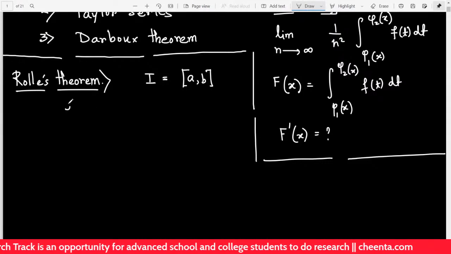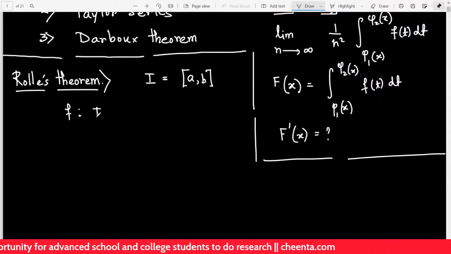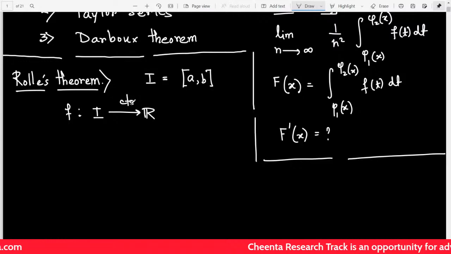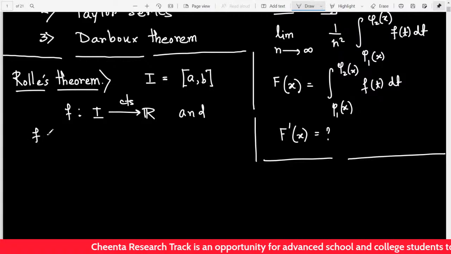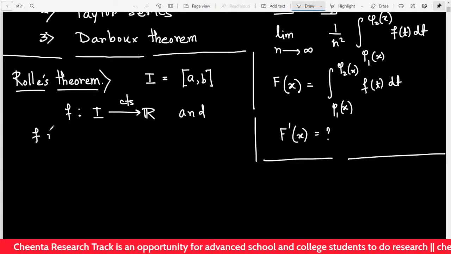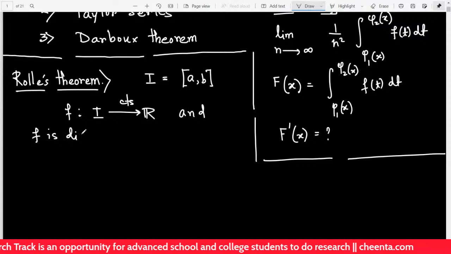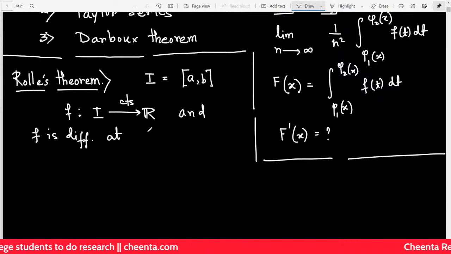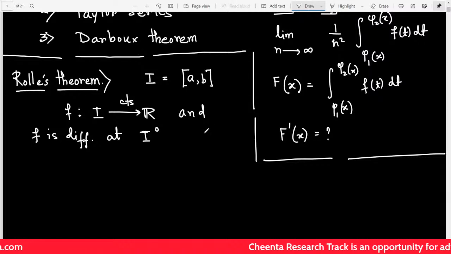If I take a function f from I to R, and this function is continuous, and f is differentiable at the interior of I, so that means the derivative exists.